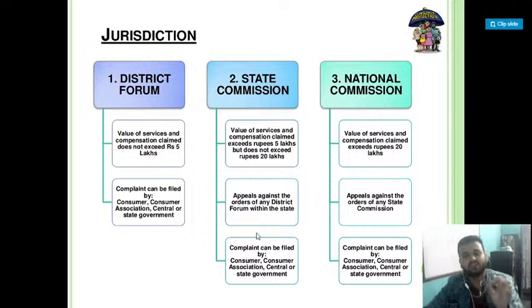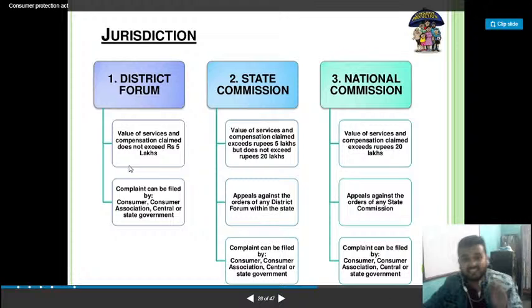So if you are being cheated and the value is not more than 5 lakh, then you can file a complaint with the district forum.